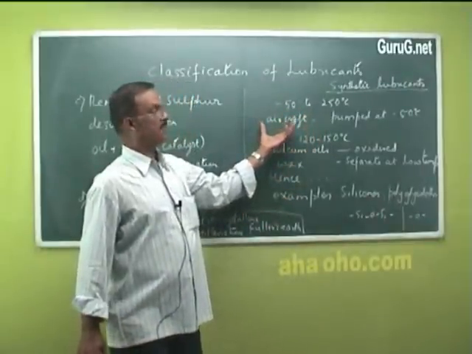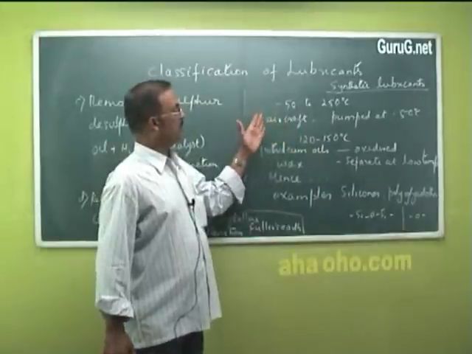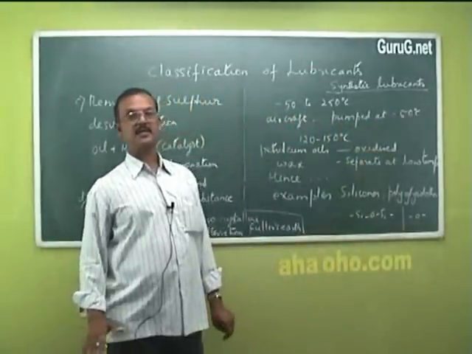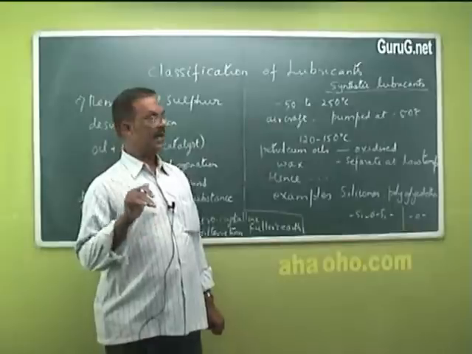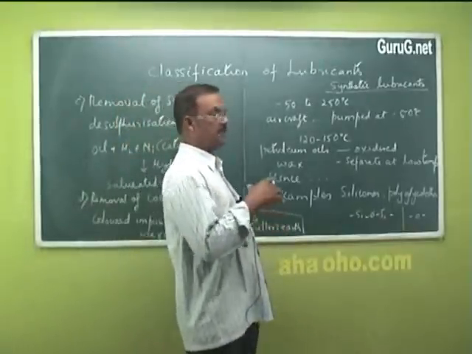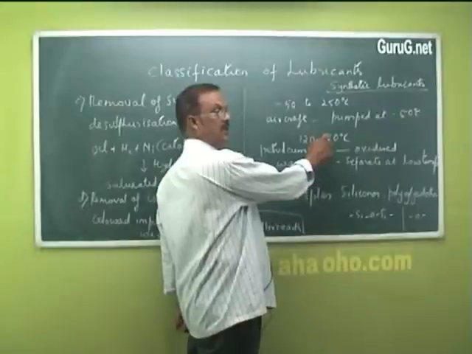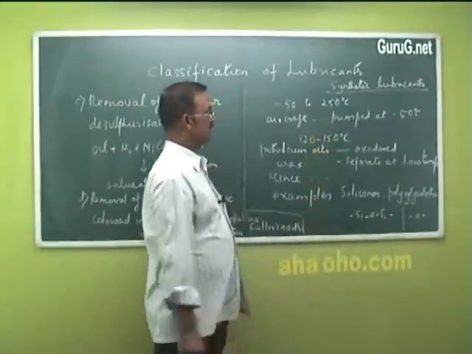Let's take for example aircraft. The lubricants are pumped at minus 50 degrees centigrade, but during the takeoff and landing, the temperature rises to 120 degrees centigrade, or even it may reach 150 degrees centigrade.